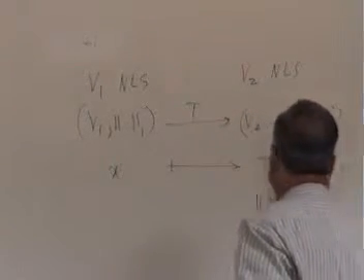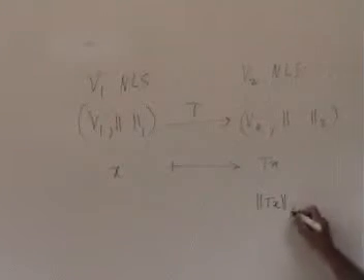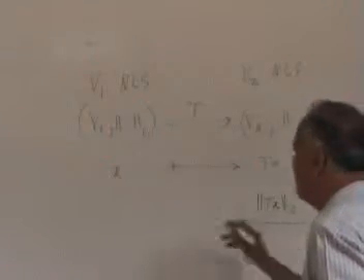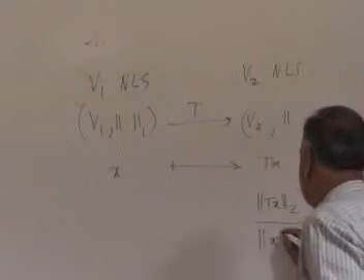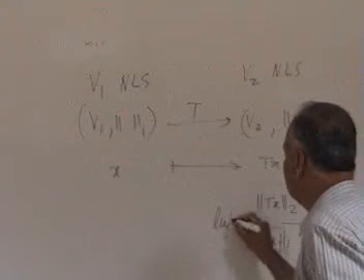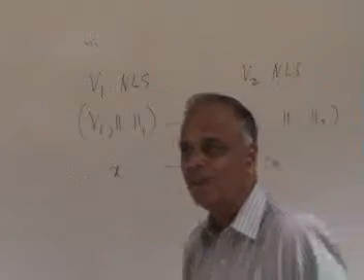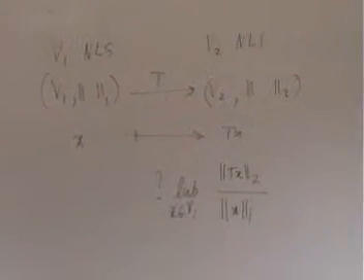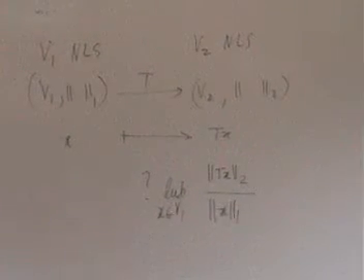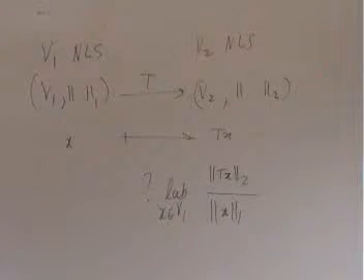What length should I look at? The length here is the norm 2 length, divided by the length before the distortion, the norm 1 length. And then I try to take the least upper bound as x varies over V1. I don't know whether the least upper bound exists or not, and when these things make sense, it defines a new norm. So that option I have kept open.